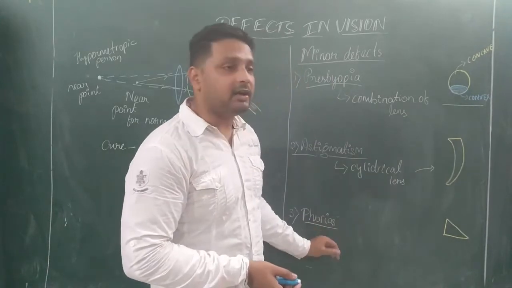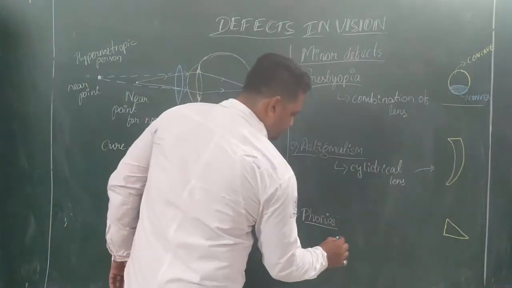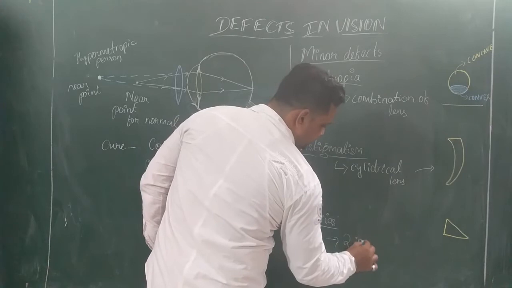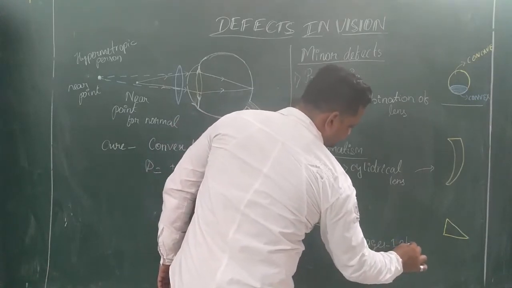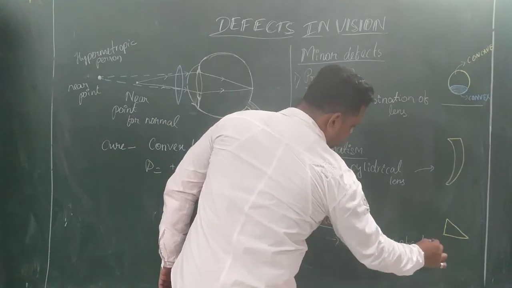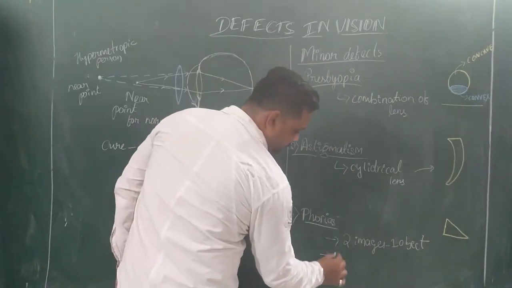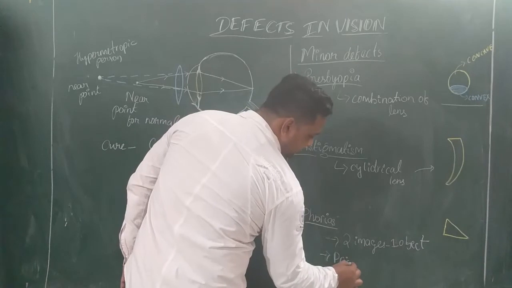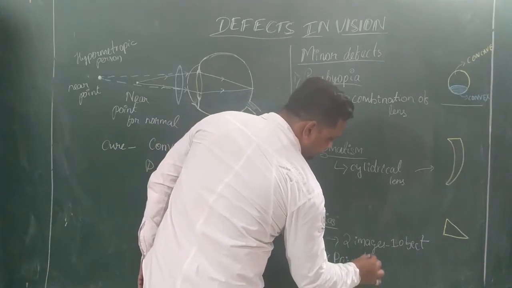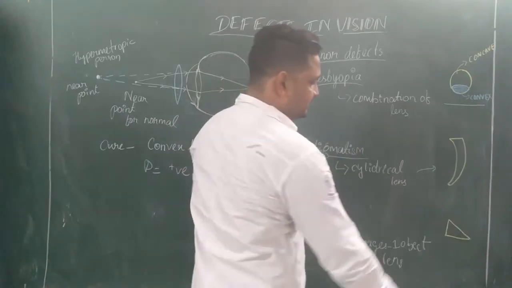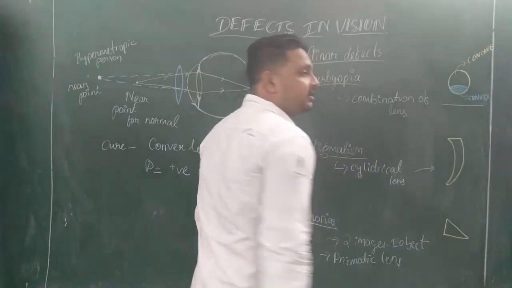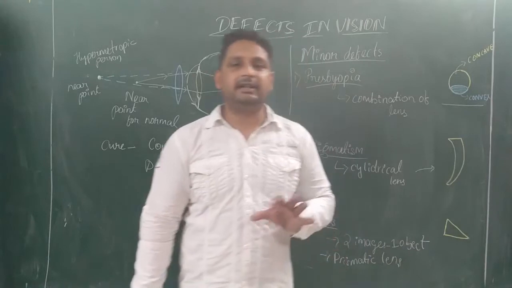This problem is called phoria. Generally it is cured by using a prismatic lens, a lens which is prism shaped, generally represented as a triangular part. By using this type of lens, it is cured.